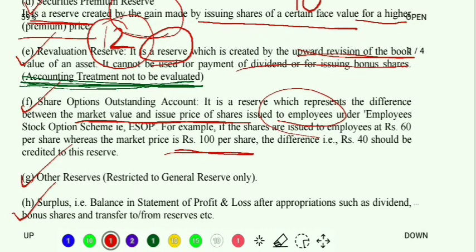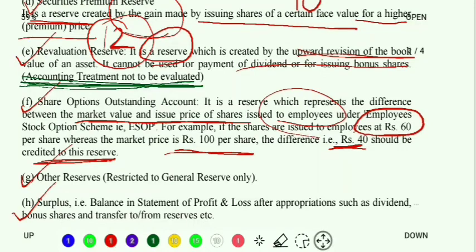But I am offering it to the employees at rupees 60 only. Then there is a difference. How much is the difference? Difference is rupees 40. So this 40 rupees will be credited under this account, which is called share options outstanding account.